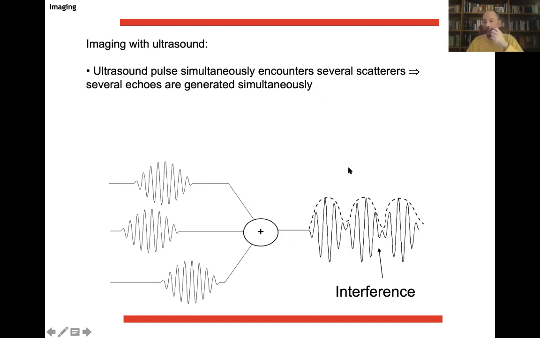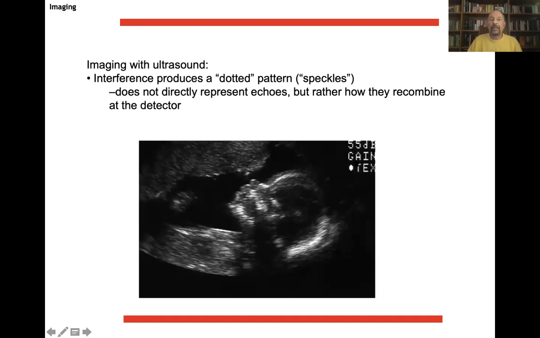This interference produces a dotted pattern, the so-called speckles. It does not directly represent echoes, but rather how they recombine in the detector. So the image with ultrasound is sometimes very difficult to read. Not so much here, where you clearly see the baby, but that's because the speckles represent the interference of the ultrasound.